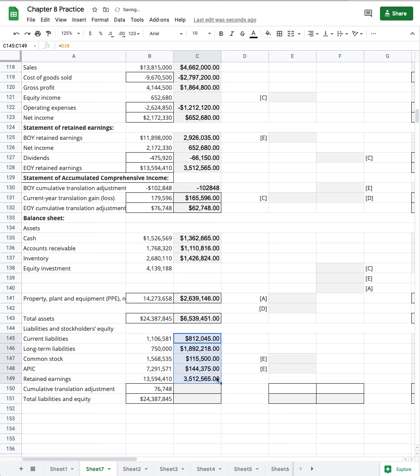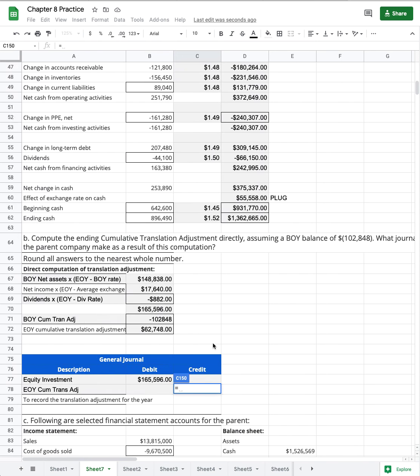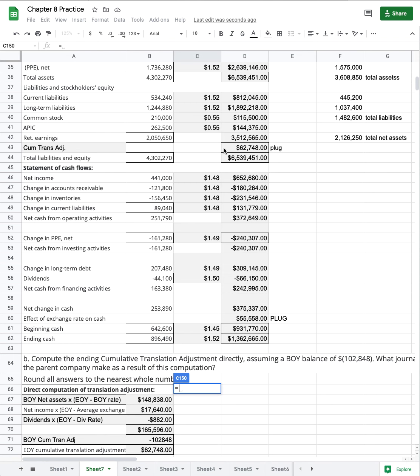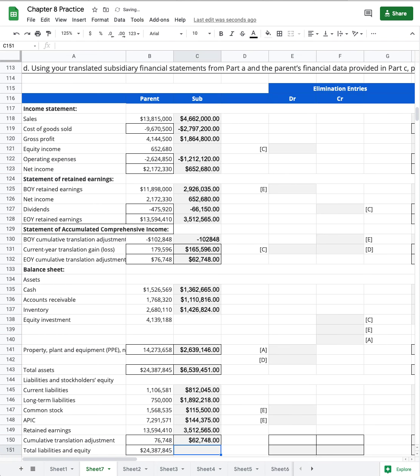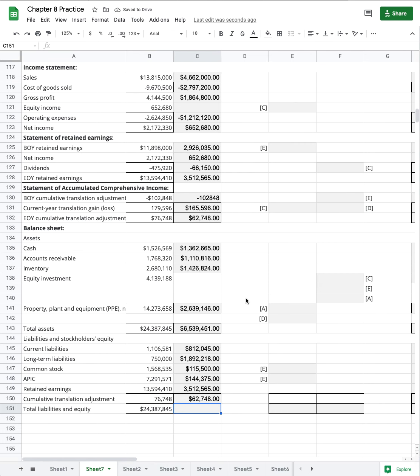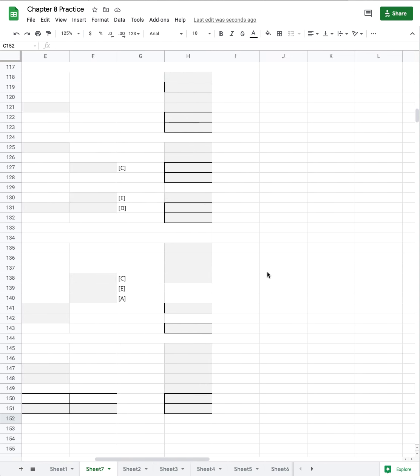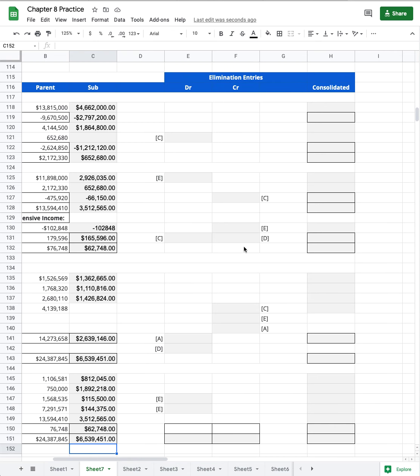And pull those down. Then our cumulative translation adjustment. We have here 62,748. And then we can do a sum for that same 6,539,451. So now we can do the CD process, and so we'll go ahead and start with that.